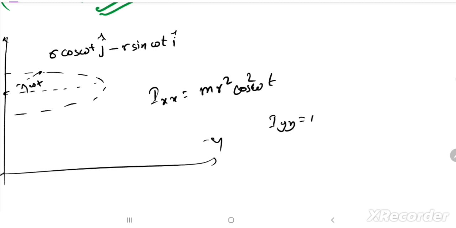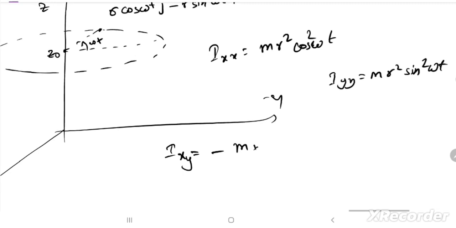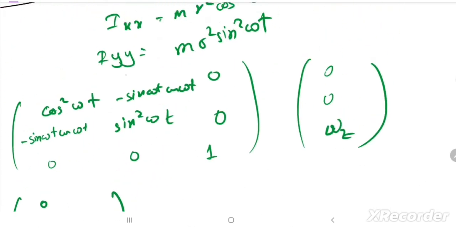Iyy is equal to m r square sin square omega t. Tell me Ixy. Ixy will be minus m into x coordinate into y coordinate, which will come out to be m r square sin omega t cos omega t, and another negative direction is there, m r square sin omega t cos omega t with a positive sign.